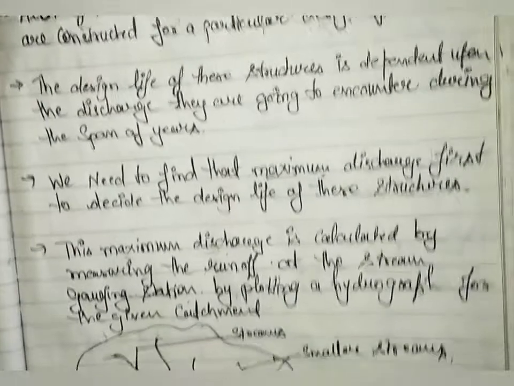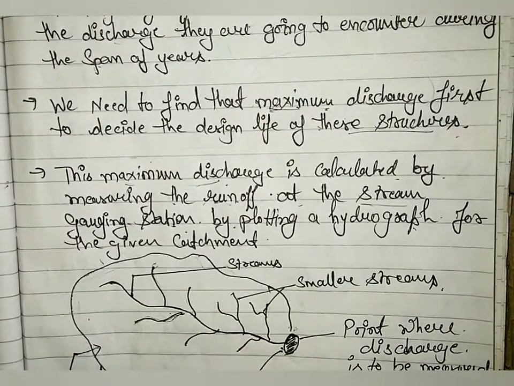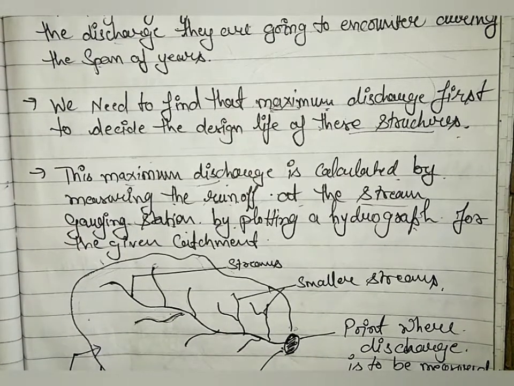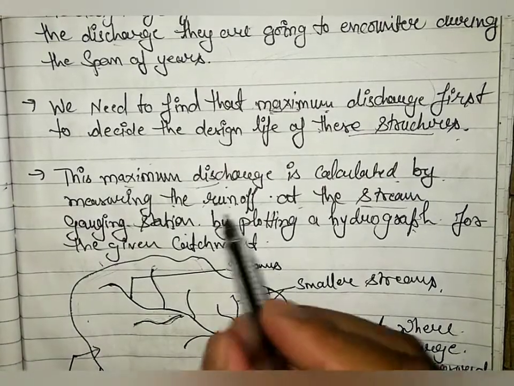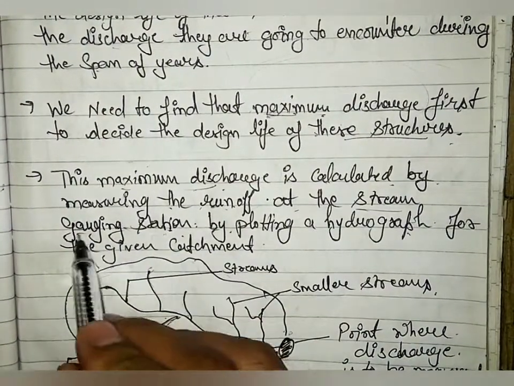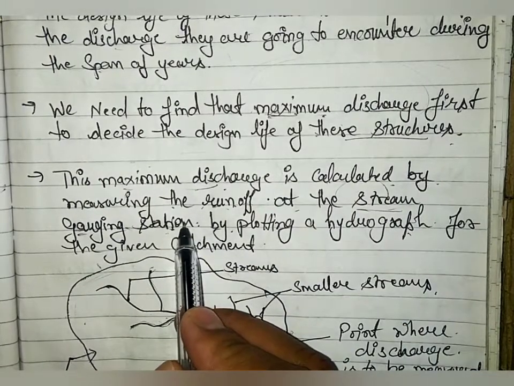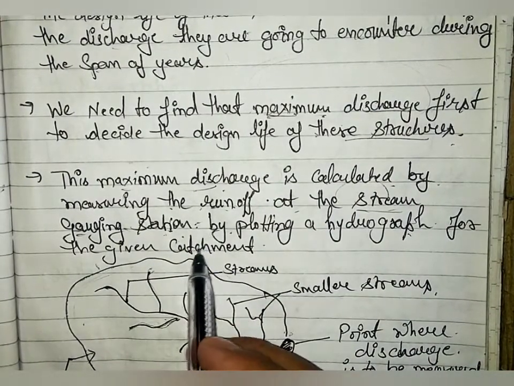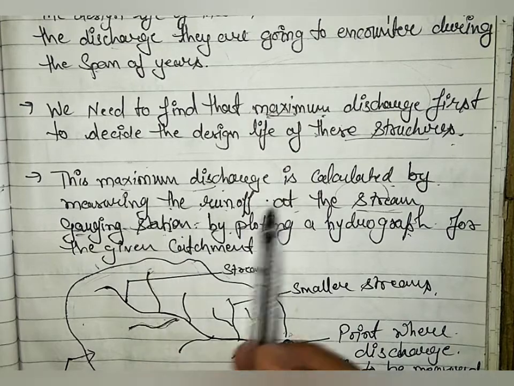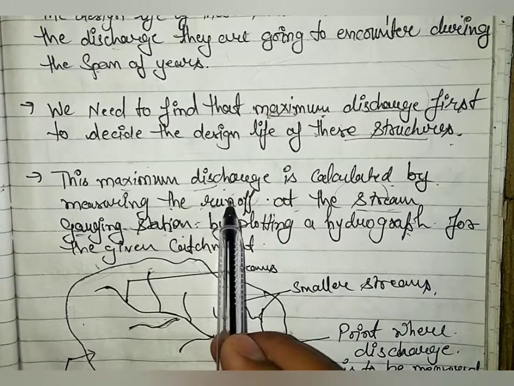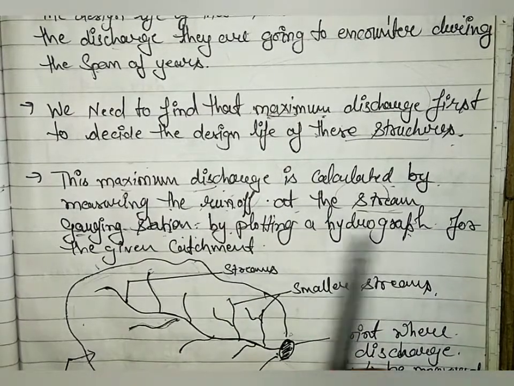This maximum discharge is calculated by measuring the runoff at the stream gauging station, also called the outlet point, which I am going to discuss in detail. How is this runoff measured? It is measured by plotting a hydrograph.